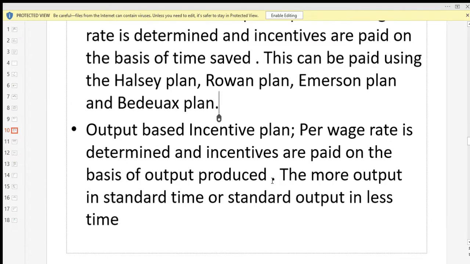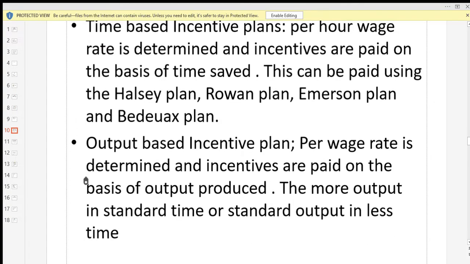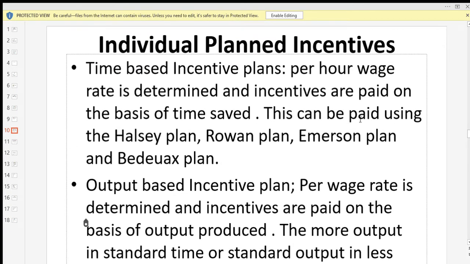So that is the output-based incentive plan. Under individual plan incentives, we have time-based, where they pay you according to time saved at work, and output incentive plans, where they pay you on the basis of more output that you produced.